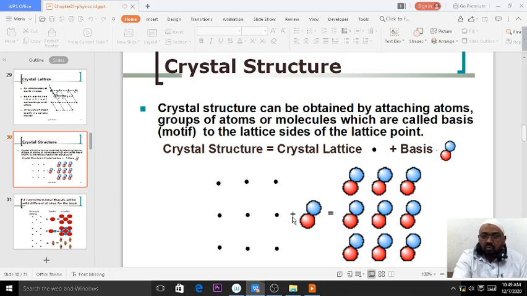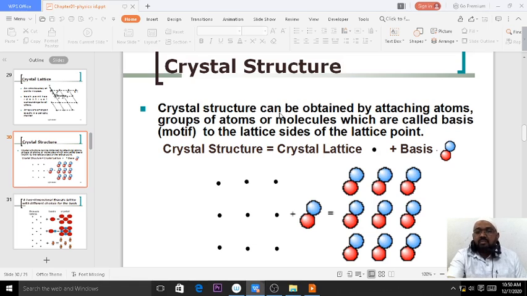Now what we are doing: if this crystal lattice is associated with atoms or molecules, then whatever image you are getting here is the pattern known as crystal structure.